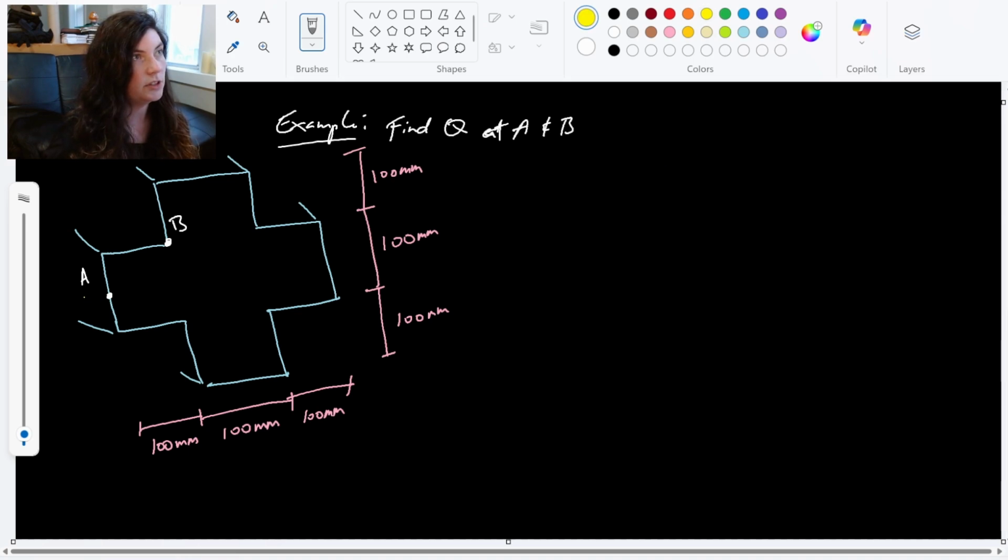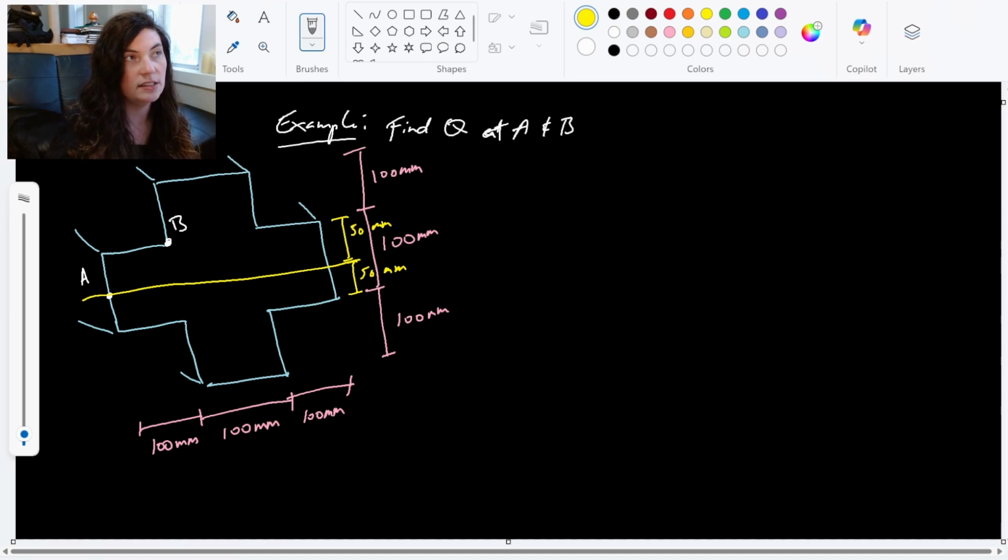My centroid falls perfectly through the 150 millimeter mark here, right? 100, 100, 100. So it falls here, 50 millimeters on each side of that 100, which is exactly where our point A falls. Our point A falls right on the neutral axis.